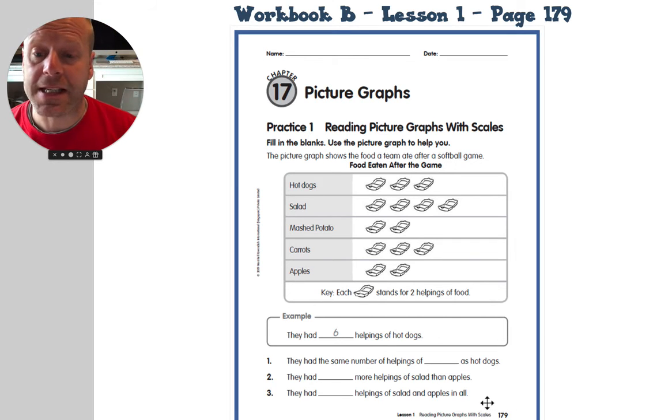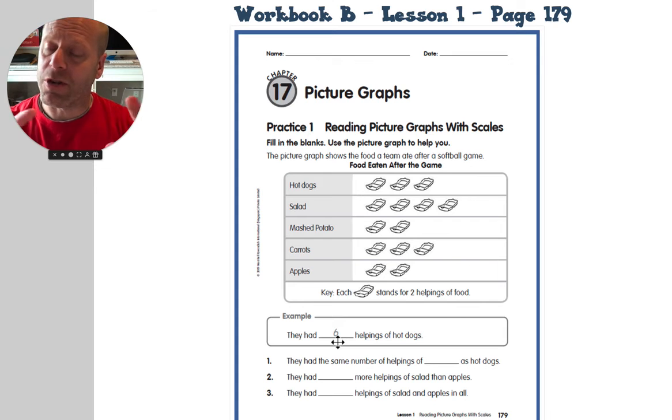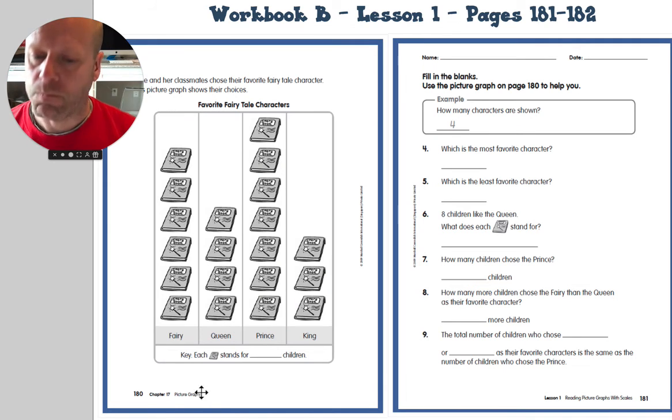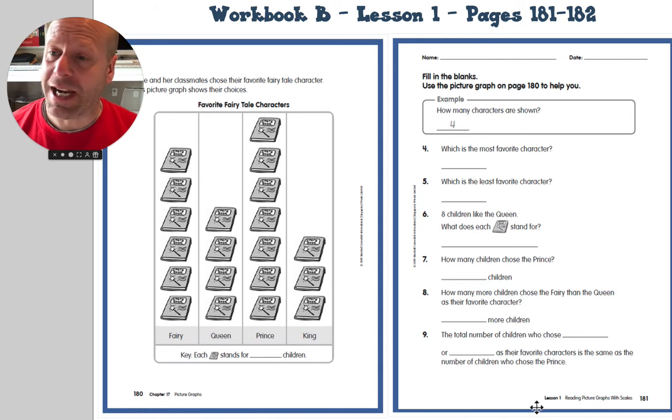If you're working in Seesaw, I think I kind of rearranged the page a little bit to make it a little easier to read. Same for page 180 and 181. Same categories, same questions, but I formatted it a little bit differently to fit. This is an example of one where they don't give you the key.